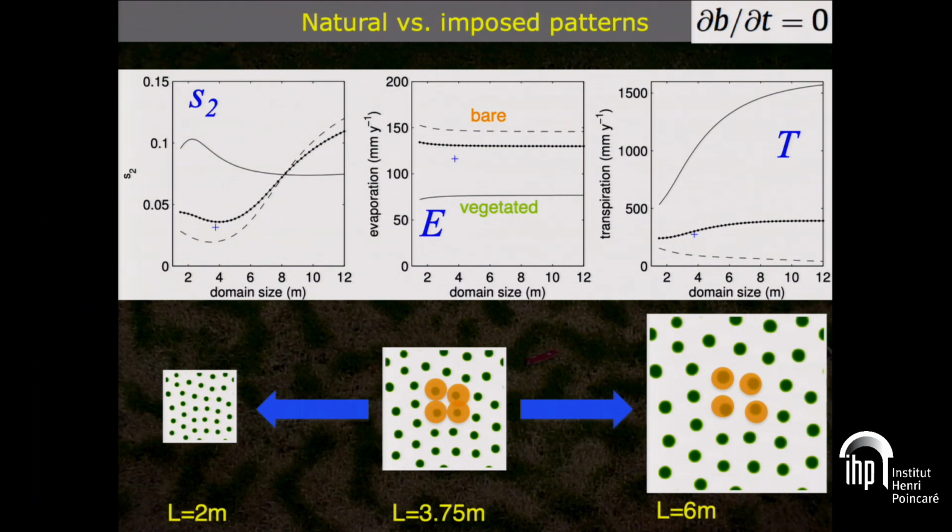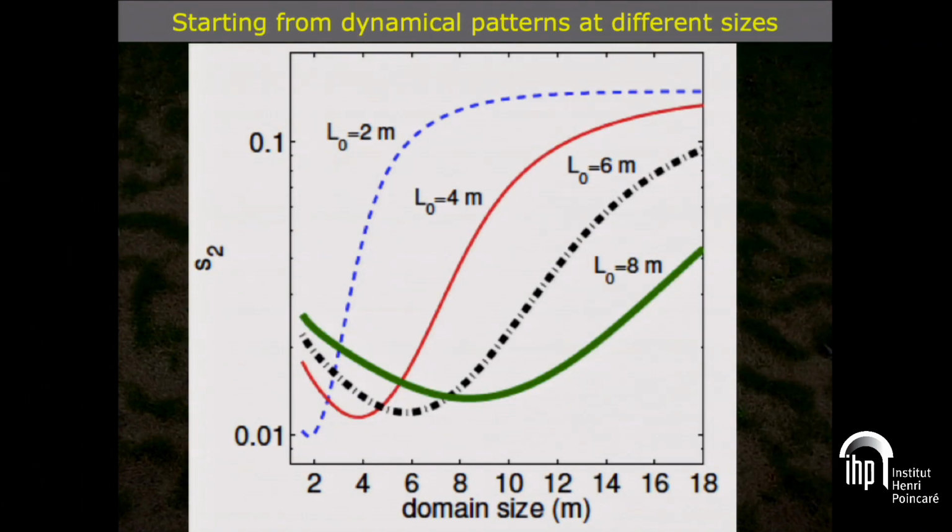As I said, there is a trick here, which is the fact that the integral of all this is still conserved. So it's true for the individual patches. And you can also do things like this, which is an analysis of the soil water under the patches as a function of this imposed domain size, starting from different initial domain sizes. So L0 equal 4 would be the experiment we have done before. And we change the imposed scale to which we scaled the domain size.